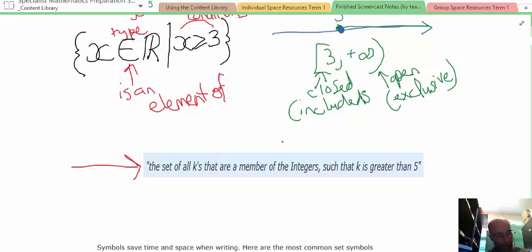I would like you to write that in set notation in a similar vein to the one just above it. So try that, pause the video, write the answer as question 1.